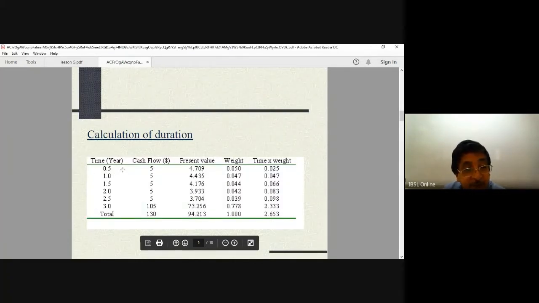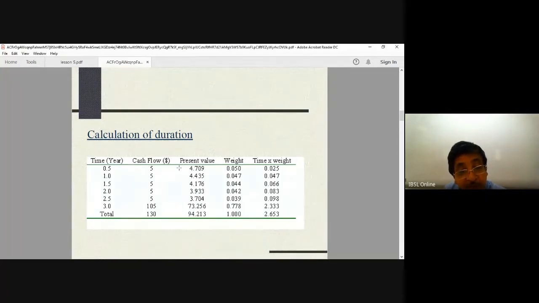In that worksheet, we have taken time in years, and the interest is being paid every half year, and since it is compounded continuously, we calculated the cash flows and the present values using the continuous compounding method. I think we discussed these things last time also.